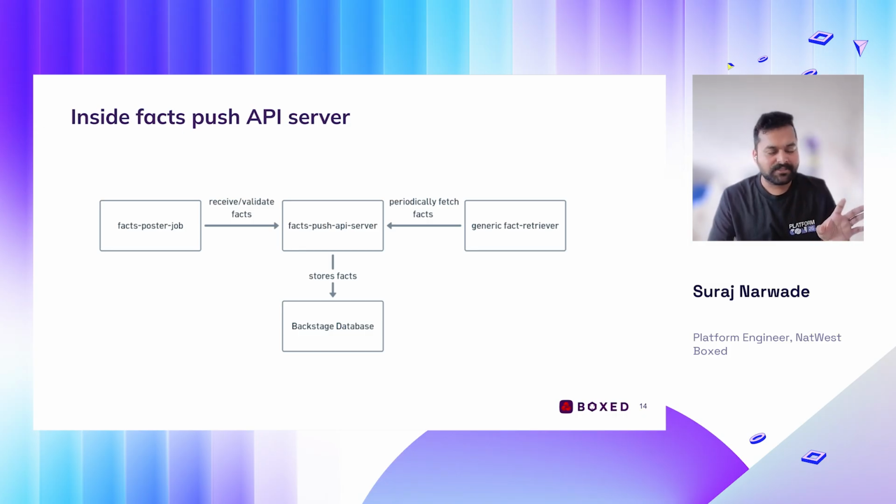The fact poster job, which is owned by a team, runs in their own environment, own namespace. The languages are their own choice. They are not bound by TypeScript. And they will push this fact to this fact retriever. And then our server will store these facts in its own database provided by Backstage.